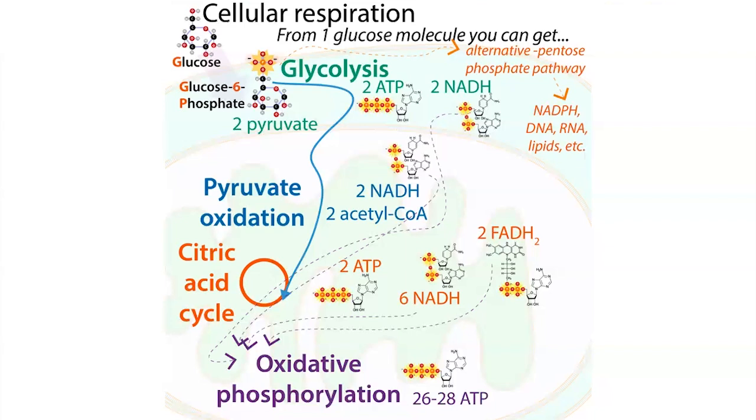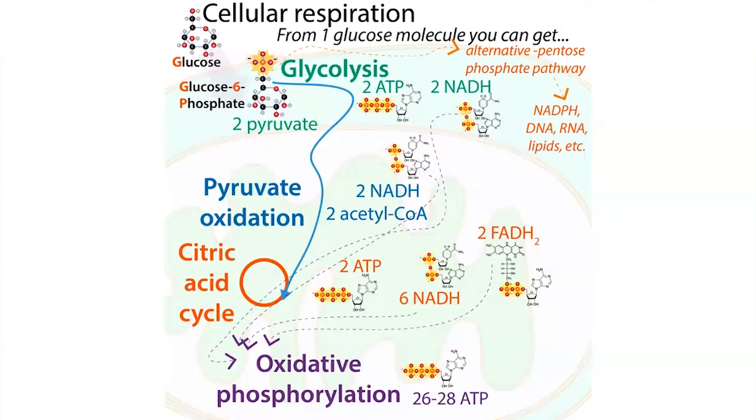But the other thing we could do with glycolysis is the pentose phosphate pathway. When would we want to do the pentose phosphate pathway? What were some of the things that it could give us? That's one of the key reasons why we might want to do it. And when did we see NADPH be needed? Lipid synthesis, right?